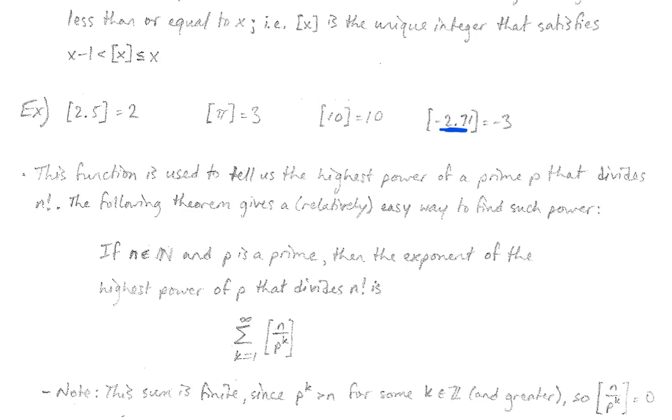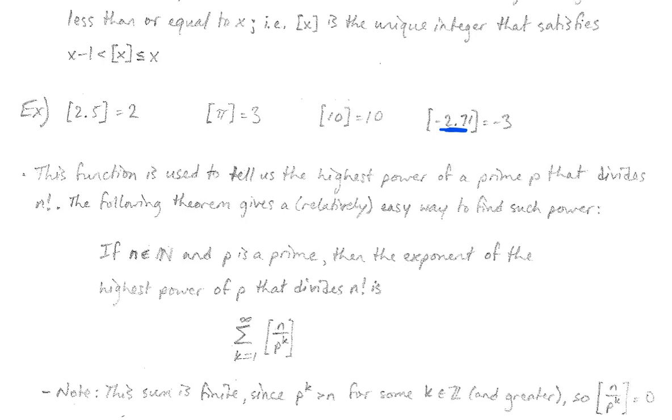And for a fixed positive n value, at some point, the bottom, the p to the k, is going to be greater than n. So you'll be taking the quotient of two positive numbers, but the number on the bottom is larger than the number on the top. That's always going to get you something between 0 and 1.